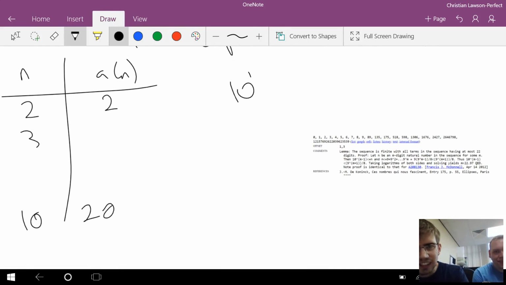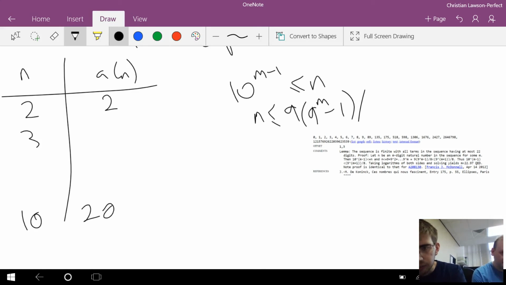So 10 to the m minus 1 is less than or equal to n. n is less than or equal to 9 times 9 to the m minus 1 divided by 8, which is itself less than 9 to the m plus 1 over 8.